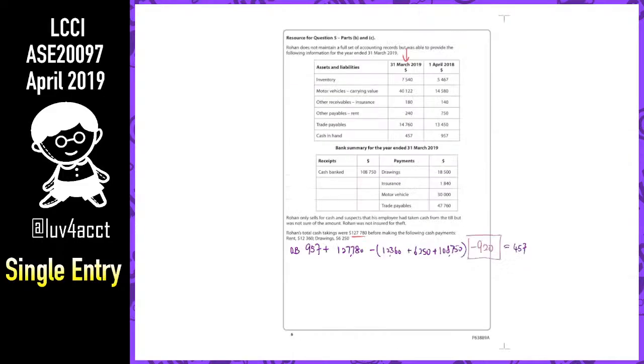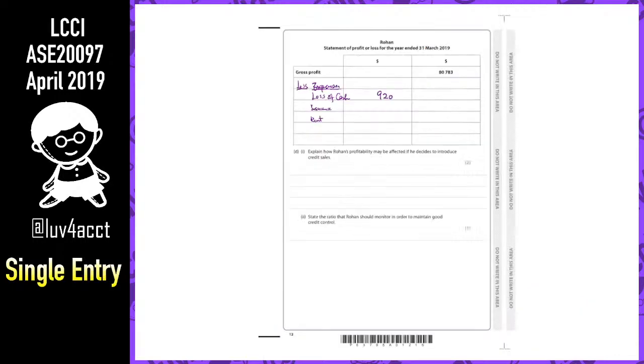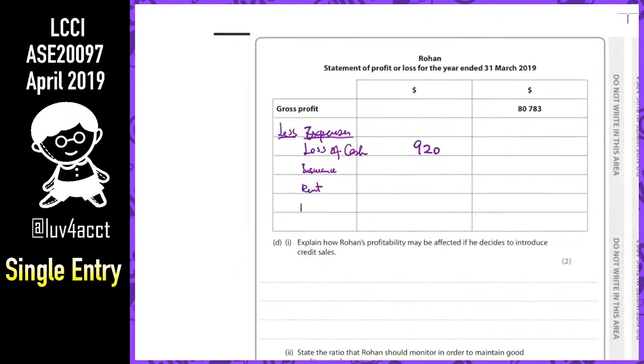Okay, and then I think depreciation for motor vehicle. Okay, depreciation. Okay, after this we should have profit for the year. Okay, like this.